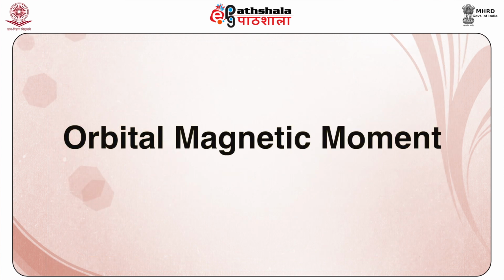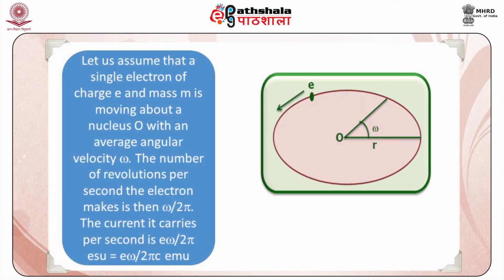Orbital magnetic moment. Let us assume that a single electron of charge e and mass m is moving about a nucleus O with an average angular velocity omega. The number of revolutions per second the electron makes is then omega upon 2 pi.